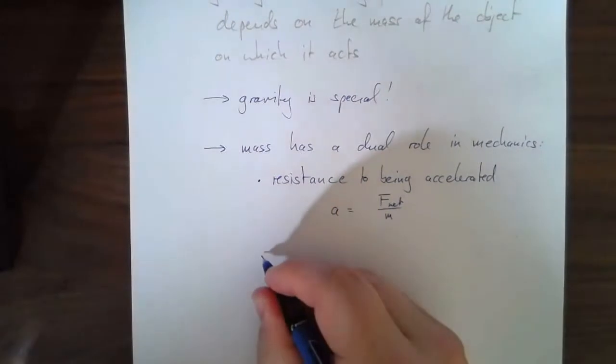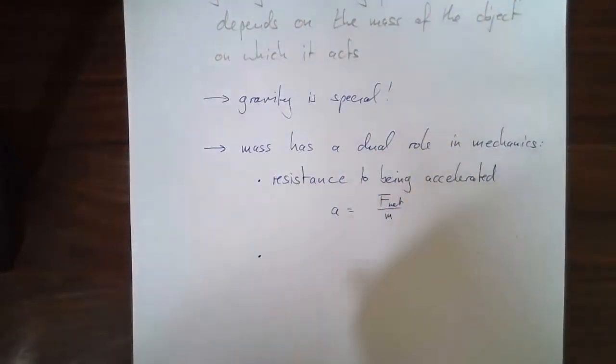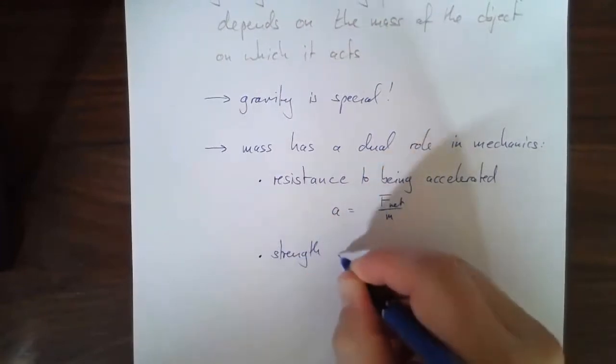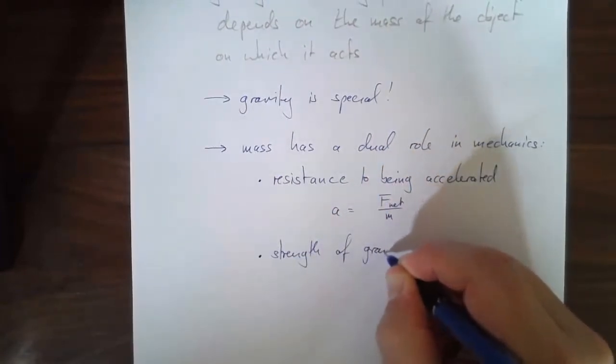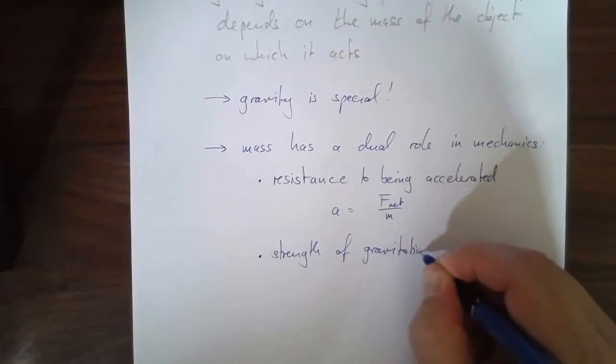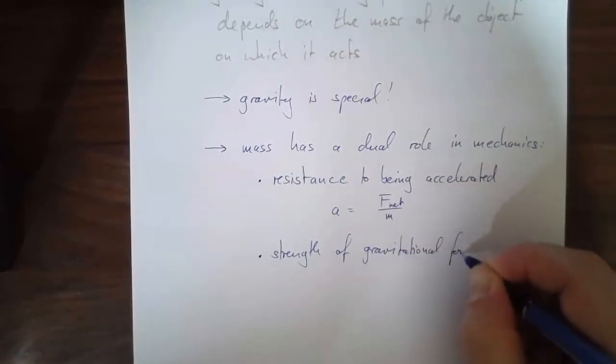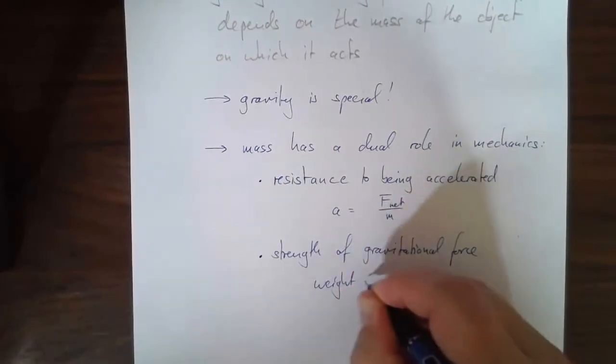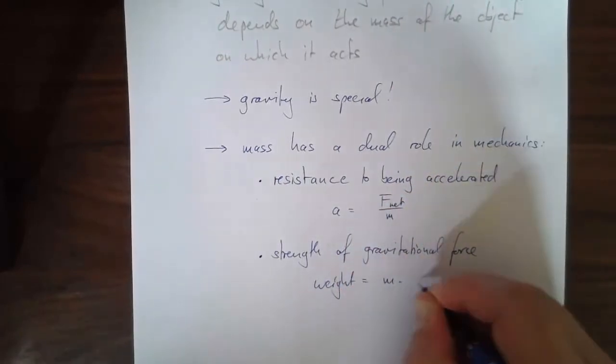But then, as we learned just now, the mass also determines the strength of the gravitational force. Namely that the weight is equal to m times g.